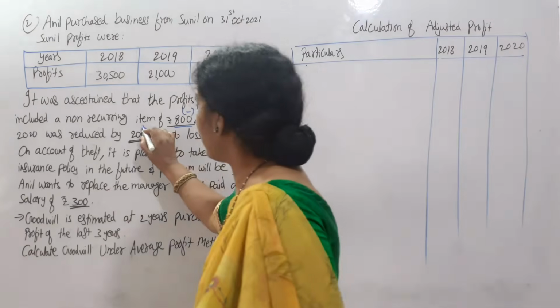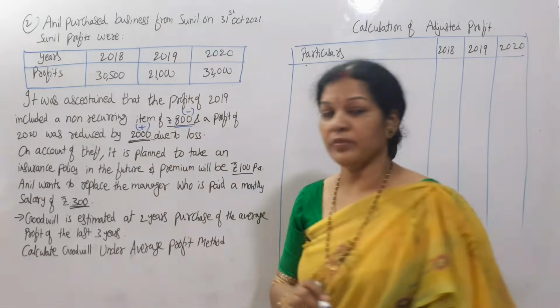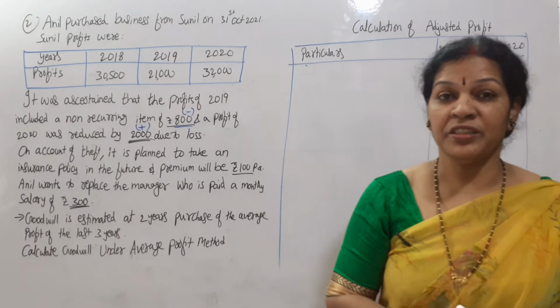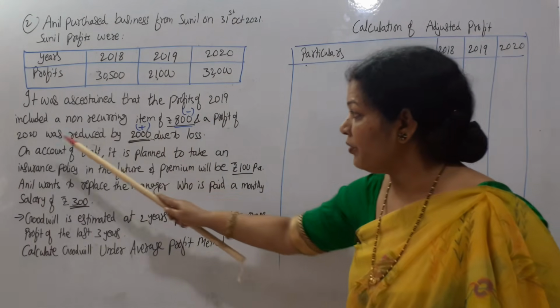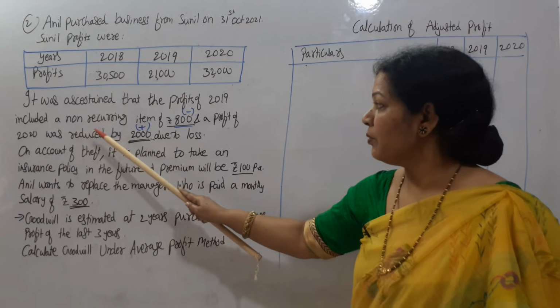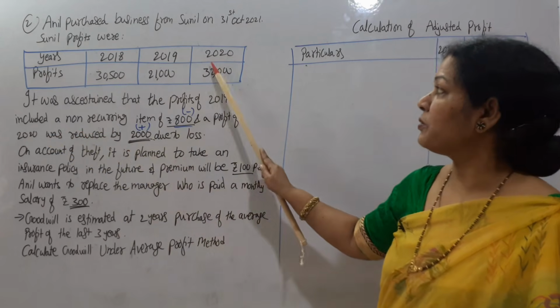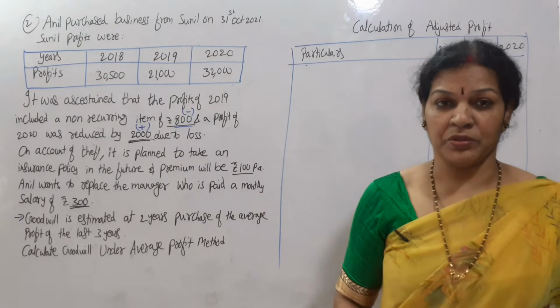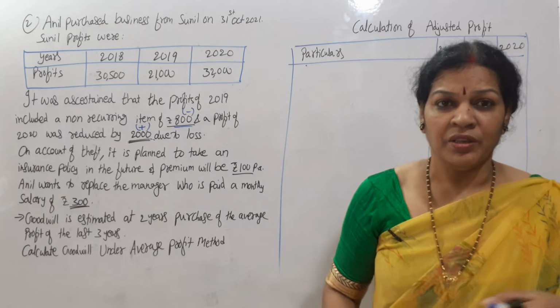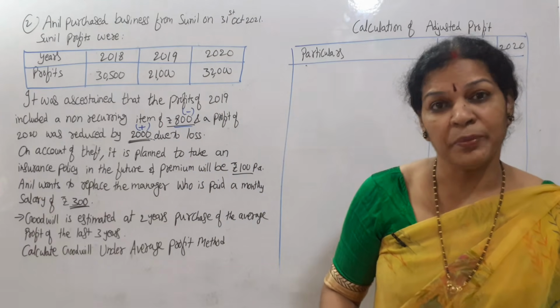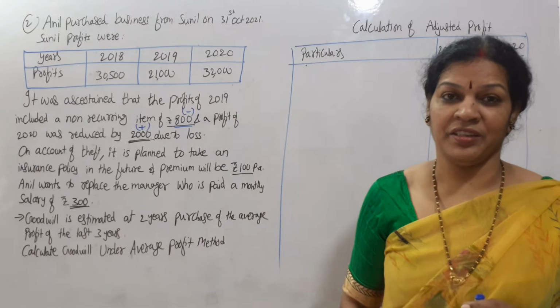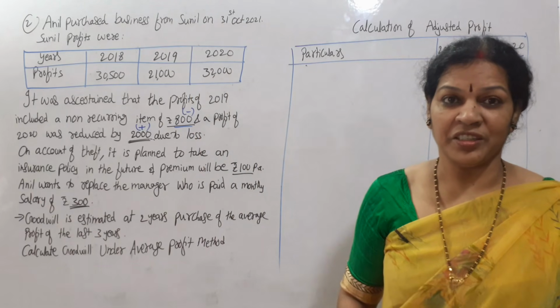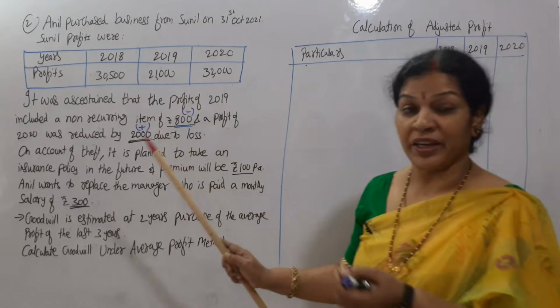The 2020 profit is 32,000, and it was reduced by 2000 rupees. We will add it to know the exact profit of 2020. Are you getting this? That is the reason we are adding it.